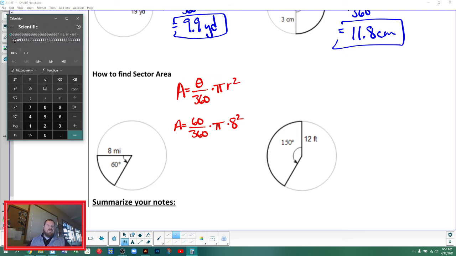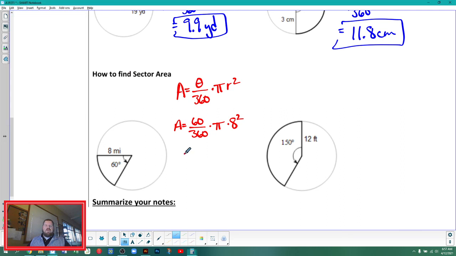And so we get, call it 33.5. Since it is an area, it's a unit squared, so this is 33.5 miles squared.